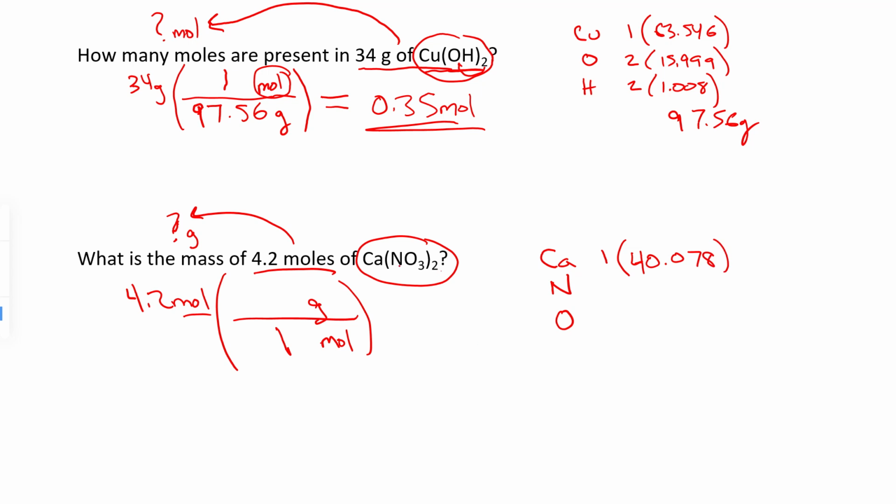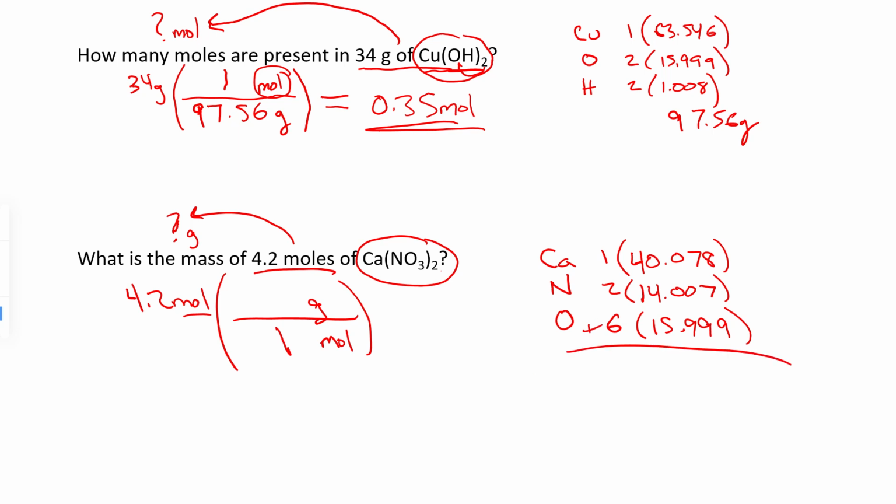Then we have 2 nitrogen, and nitrogen is 14.007. Then we have 2 times 3 to give us 6 oxygen. And we're going to add all that up.